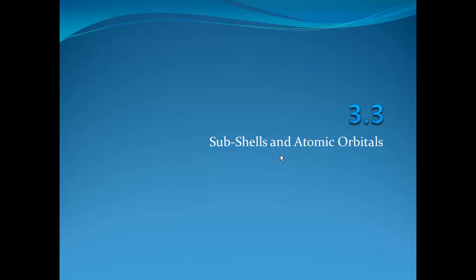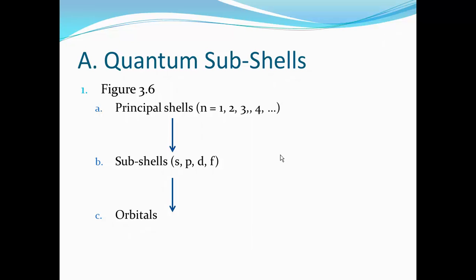Alright, last section, 3.1. Subshells and atomic orbitals. So this is pretty mind-blowing. Probably the most abstract part of atomic structure. We'll go over this again in class, but this gives you an idea of what we're going to go over. So you have principal shells, energy levels 1, 2, 3, 4.